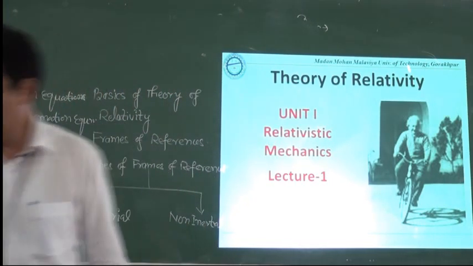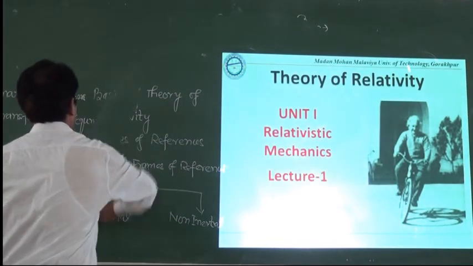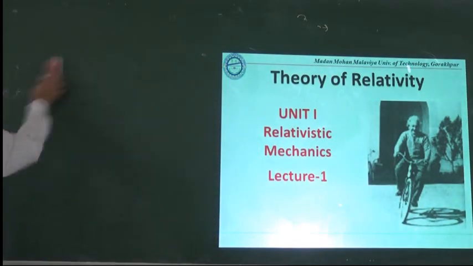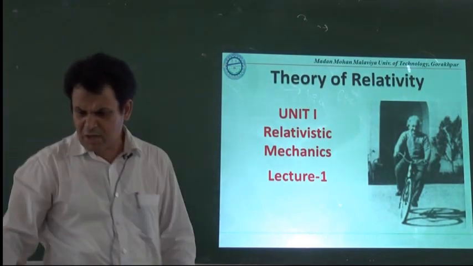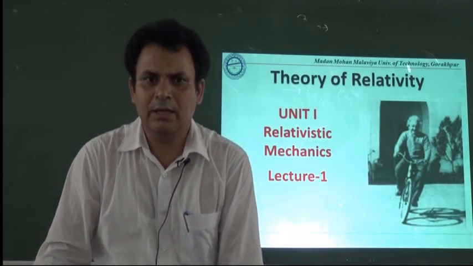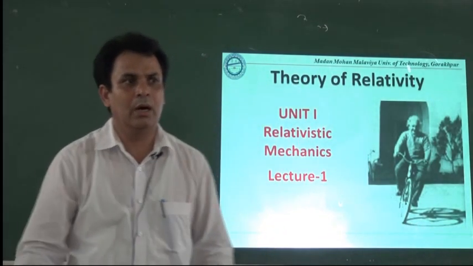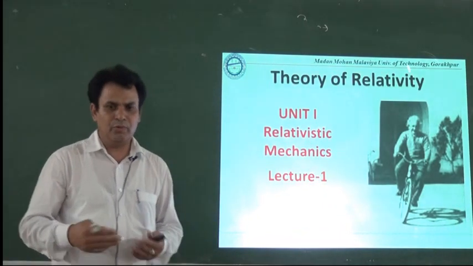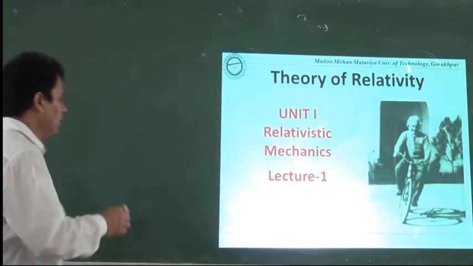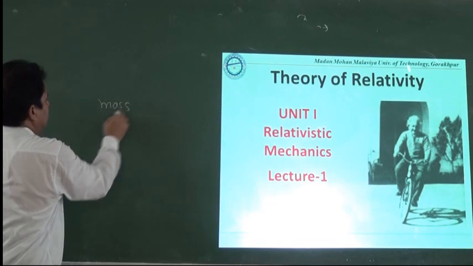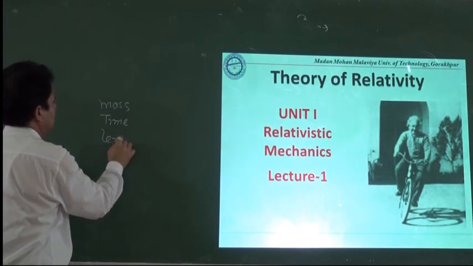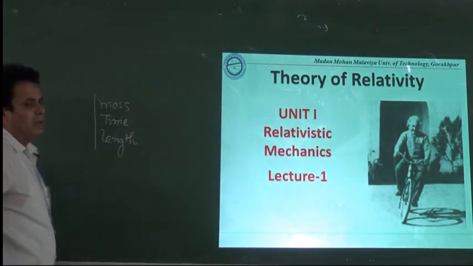As we know, the theory of relativity tells us that the fundamental units remain no longer constant and they will vary with respect to velocity. If we have more velocity, then the fundamental units remain no longer constant, even if we talk about the mass, or the time, or the length, or other fundamental units.